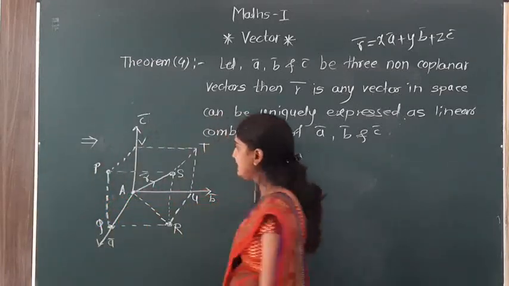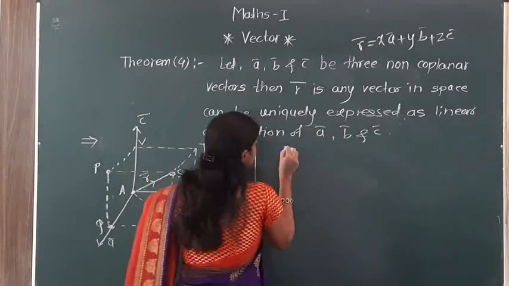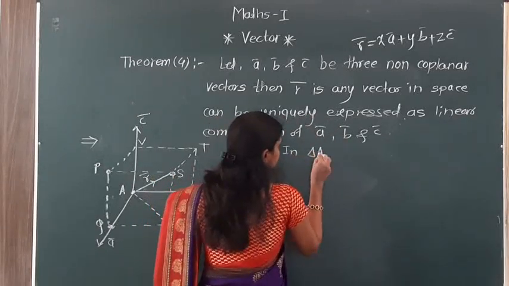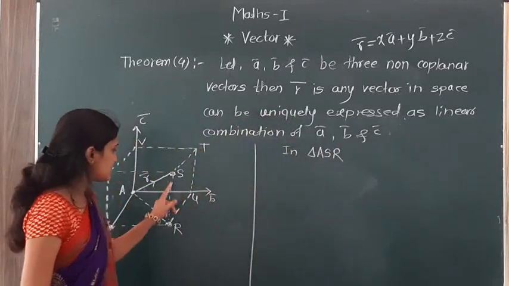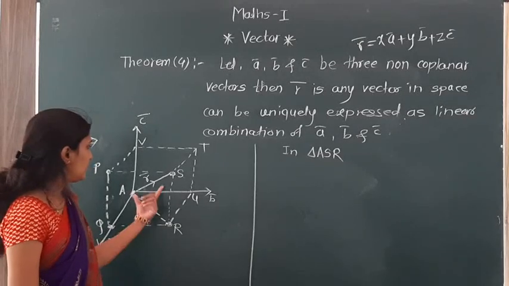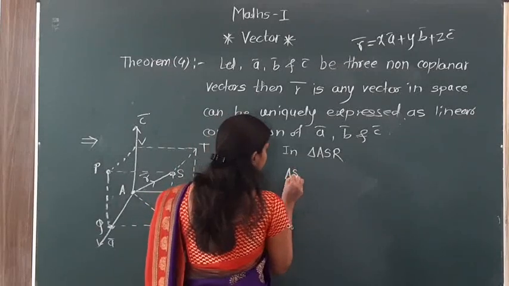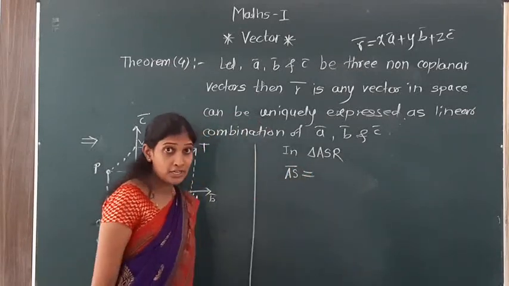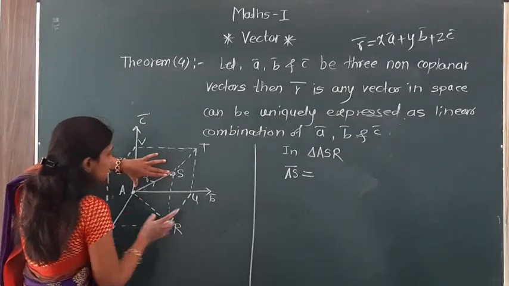Now in triangle ASR, by triangle law of vectors, AS bar is equal to AR bar plus RS bar.